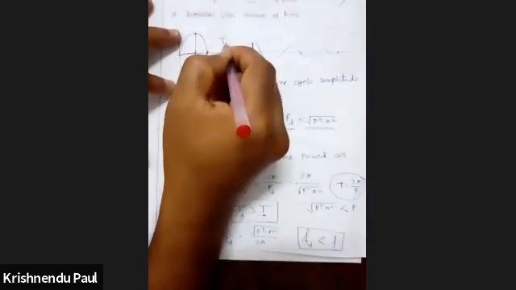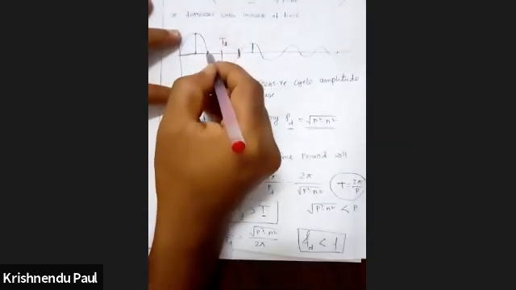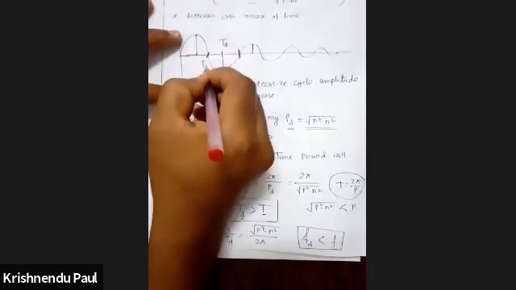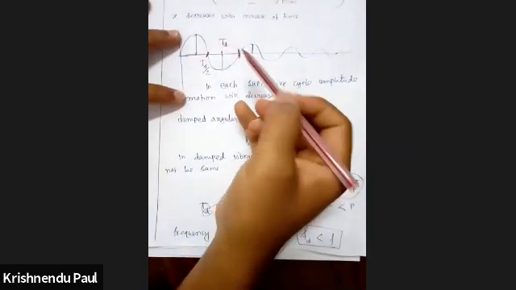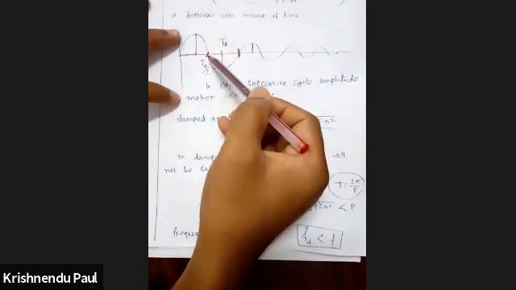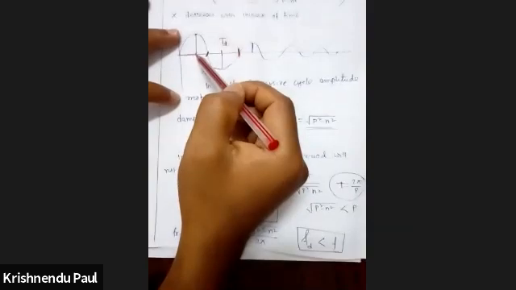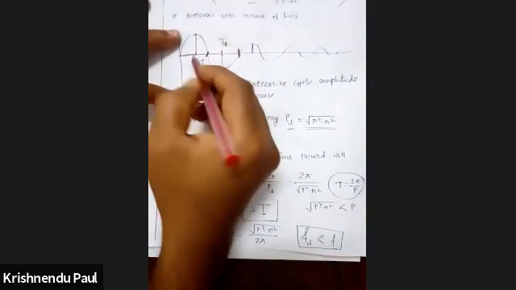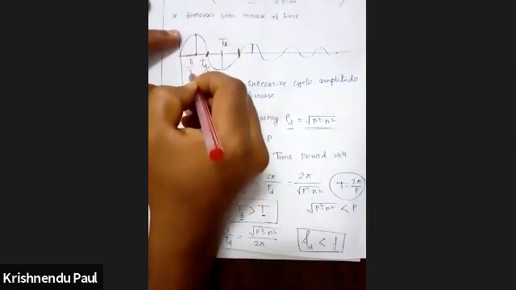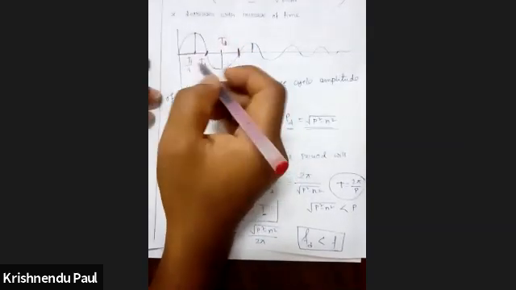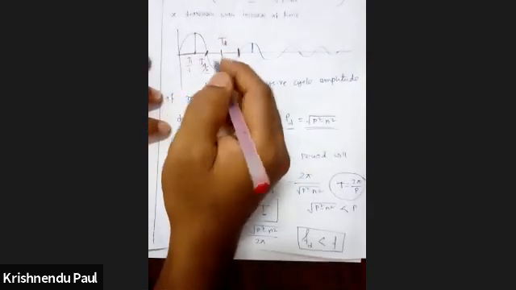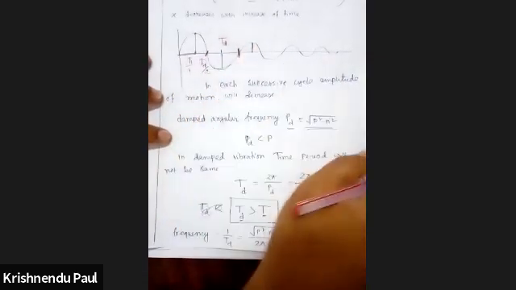So whatever it is, let it be td. Here the total is td, so here it is td by 2. At this point it is td by 2, and here it is td by 4. So you can easily say that at t equal to td by 4, the vibration will have maximum displacement.